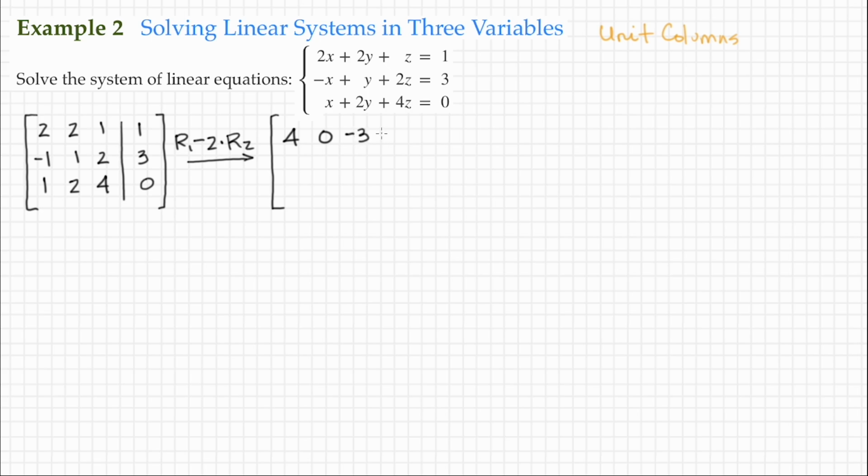Then we put in our vertical line. 3 times 2 is 6. 1 minus 6, -5. We can close off our bracket and then fill in the rest of our values here. -1, 1, 2, and then 3. And then 1, 2, 4, and then 0.